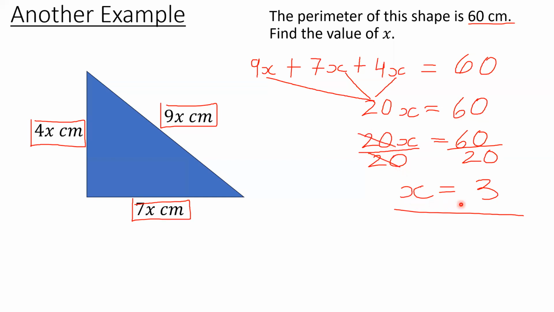So x is equal to 3. You understand how we get 3? We divide 60 by 20. Does that make sense to you? Yes, sir. Okay, good.